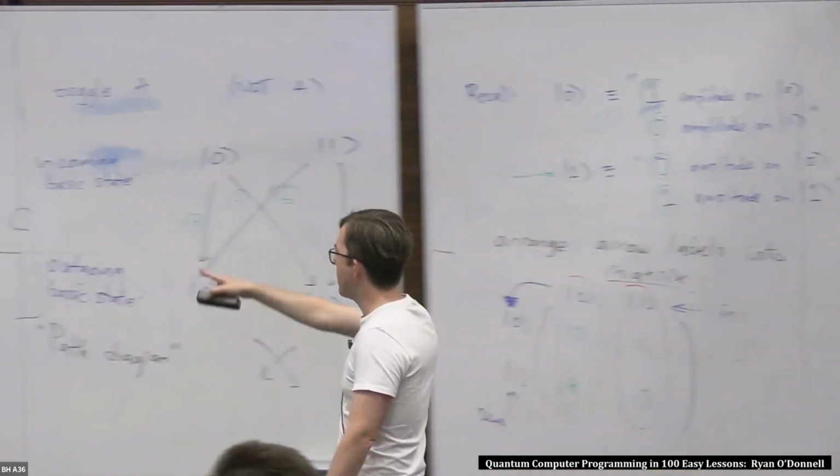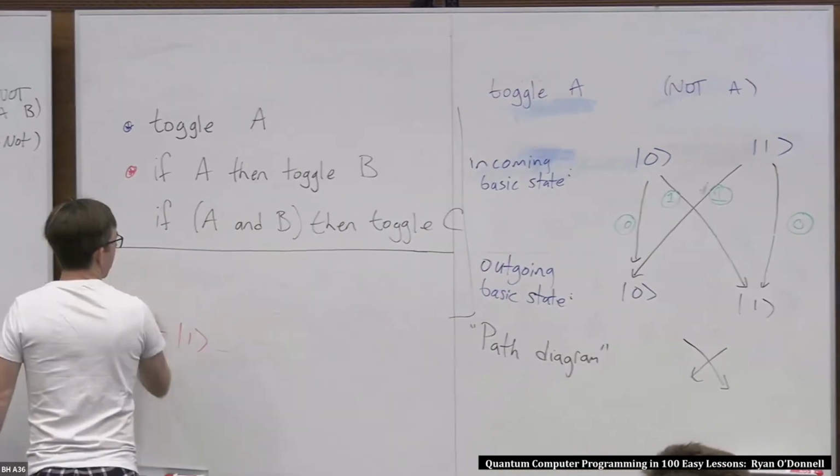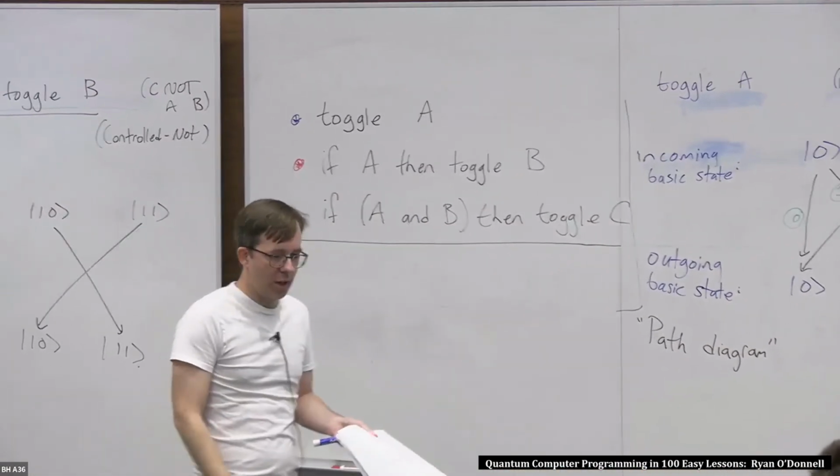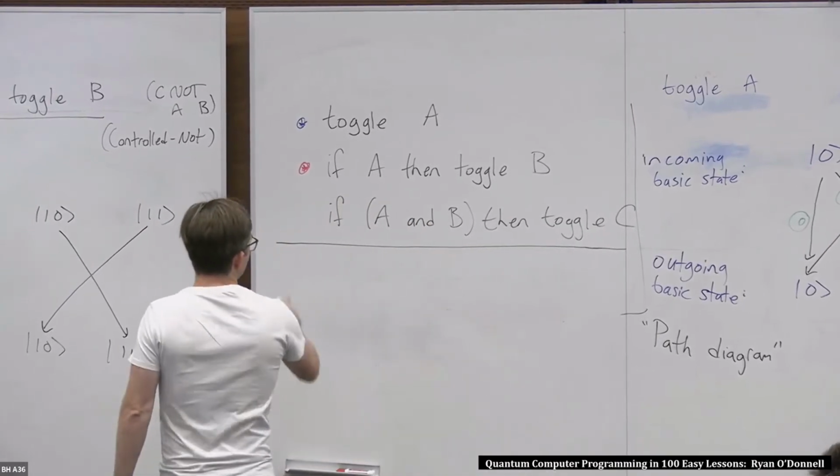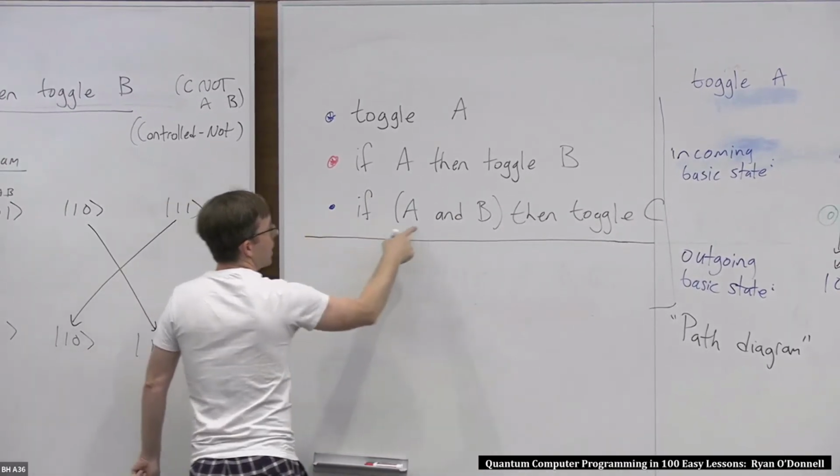So let's do this last instruction here: if A and B, then toggle C. I'll just do the path diagram here. This is a classical reversible instruction that operates on 3 qubits.